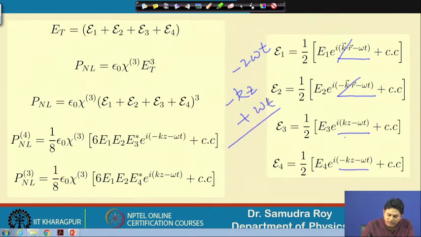If I add all these terms, then I will eventually have minus kz minus omega t, which is exactly this term.